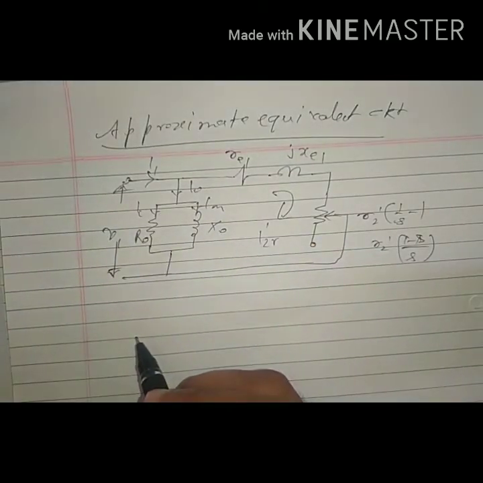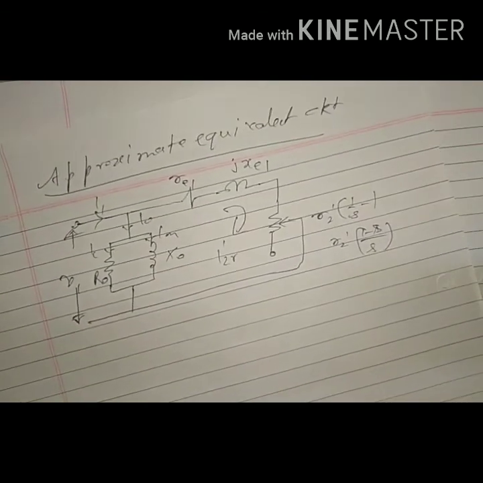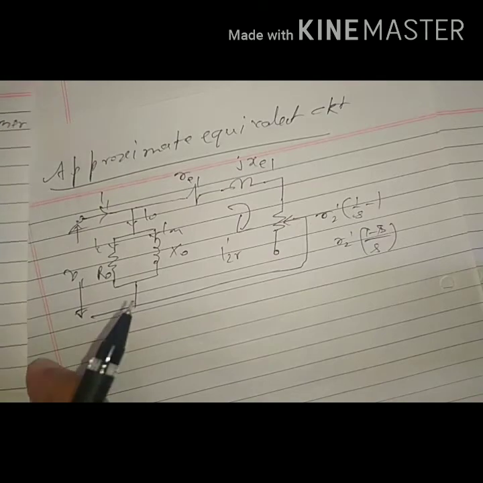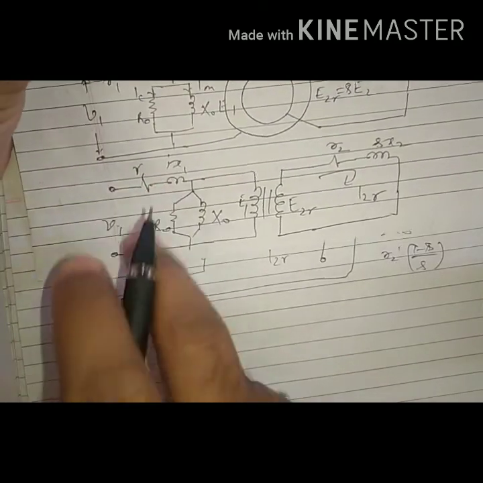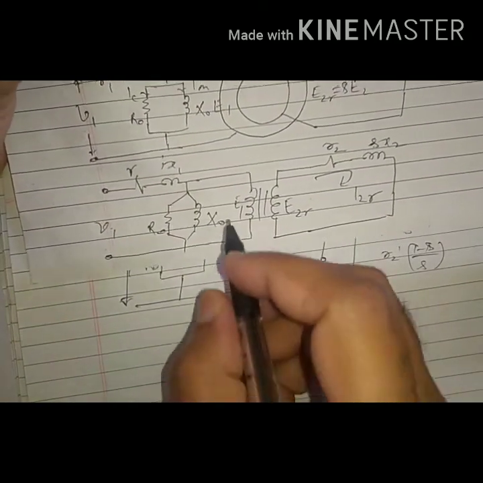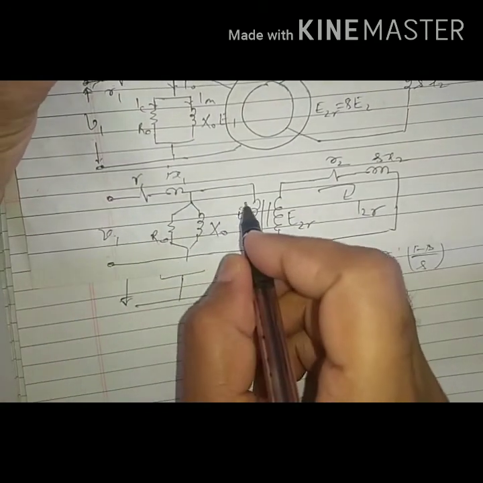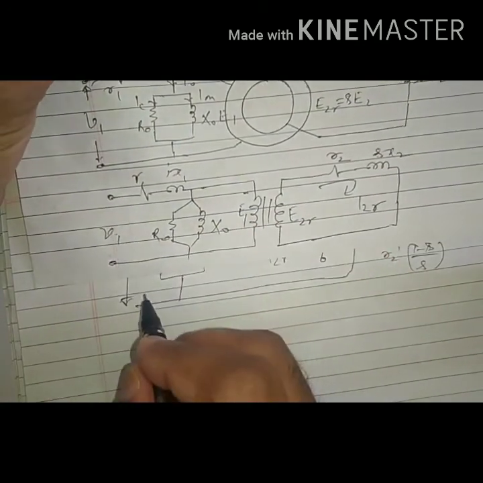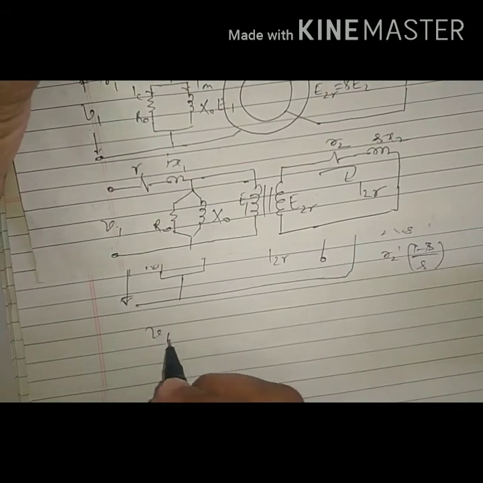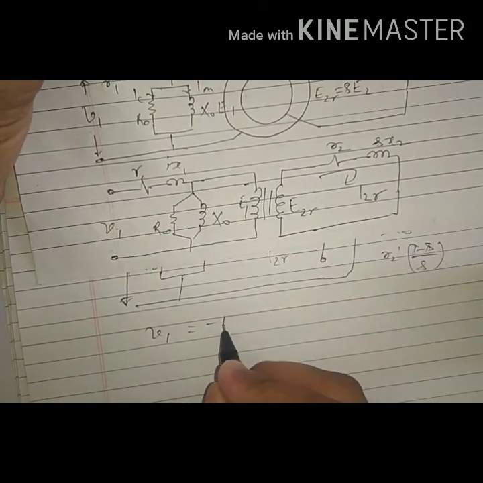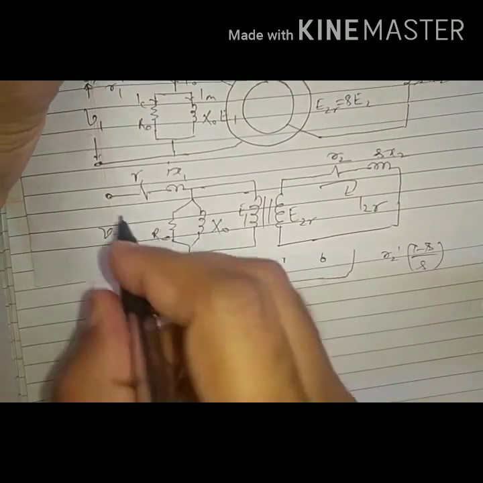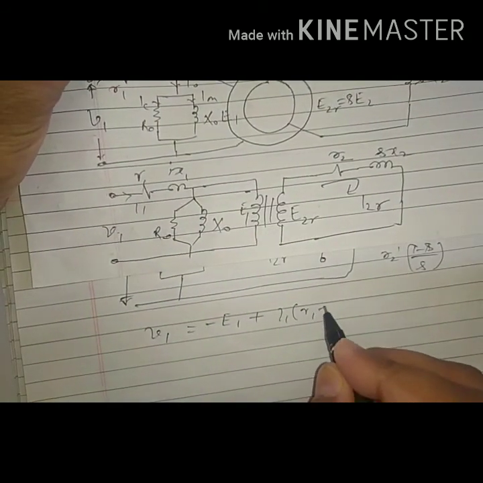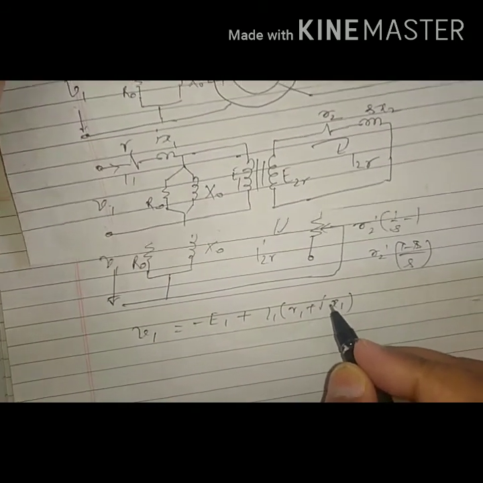What about the EMF expressions for these values? From this circuit only, this EMF is going to oppose this voltage, and I can write V1 equal to minus E1 plus I1 (R1 plus jX1), right?